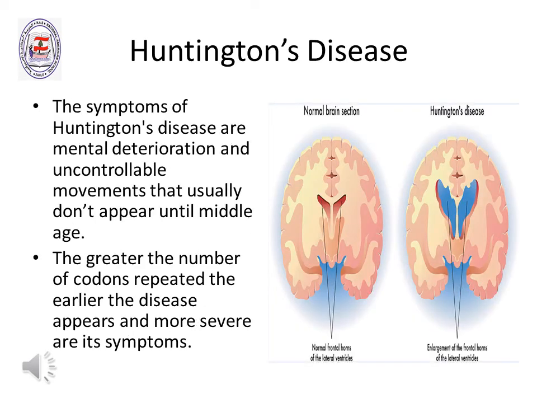The symptoms of Huntington's disease are mental deterioration and uncontrollable movements that usually do not appear until middle age. The greater the number of codons repeated, the CAG, the earlier the disease appears and the more severe are its symptoms.